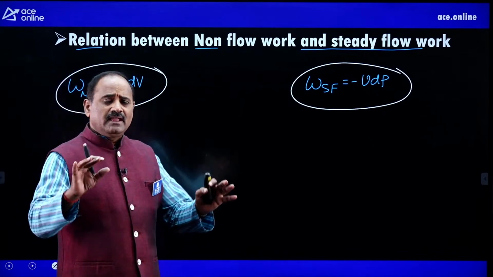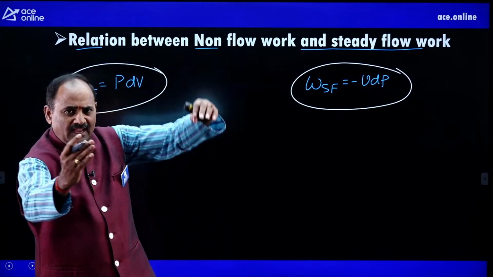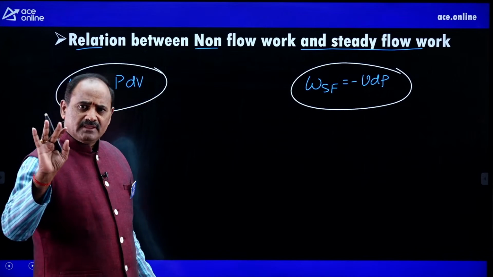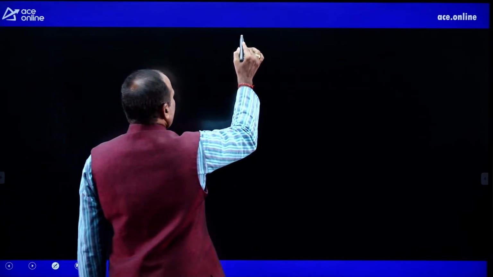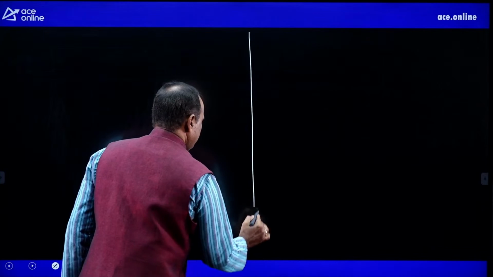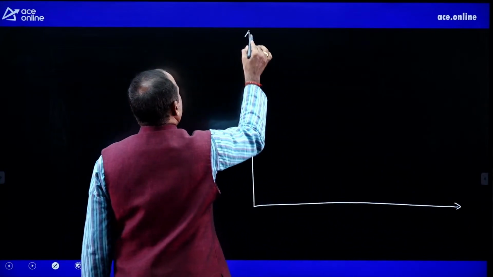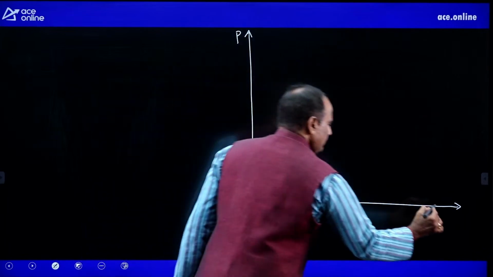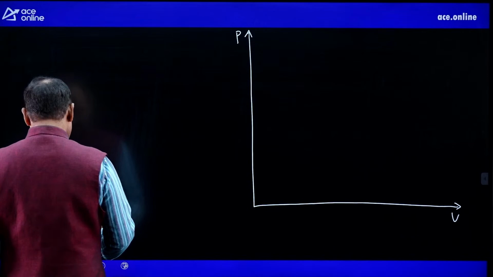It means simply the area below the PV diagram is non-flow work, the area behind the PV diagram is steady flow work. It is like this. If I take the pressure versus volume coordinate system, let me mark a curve for an expansion process.